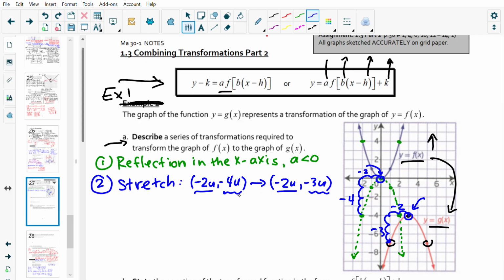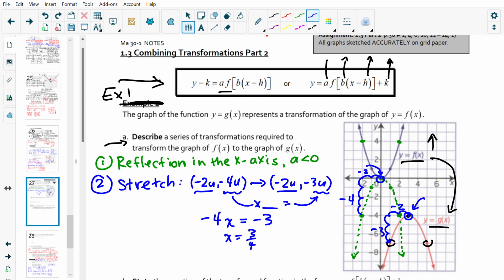If I'm going from -4 to -3, think of it this way. -4 times blank equals -3. So if I off to the side, I can say -4 times x, what value equals -3? Well, divide both sides by -4, x equals 3/4.